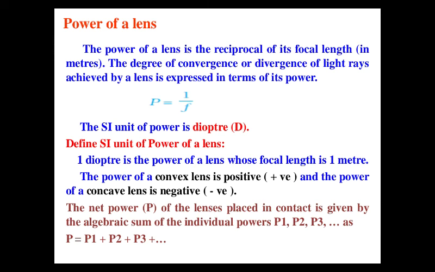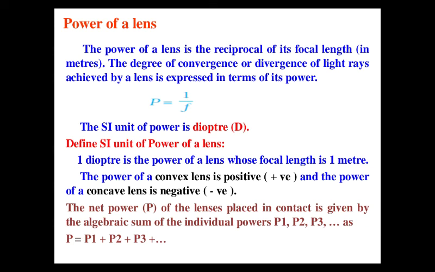For example, if it is given that a convex lens is placed in front of a concave lens, and the power of convex lens is 3 diopter and the power of concave lens is 2 diopter, and the signs have not been given, what will be the power of the combination? Then what you will do?